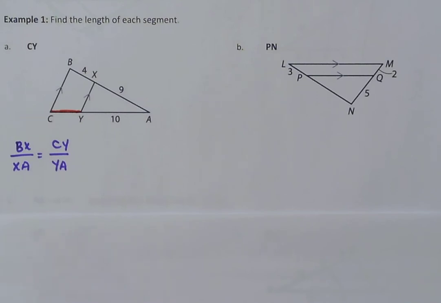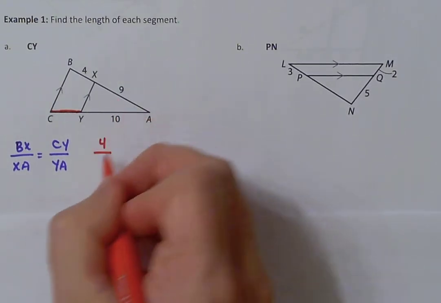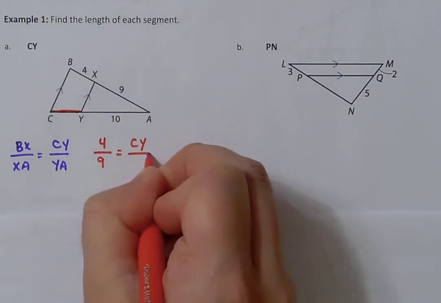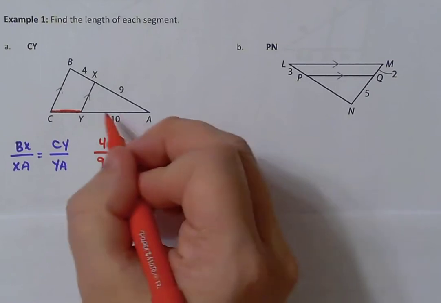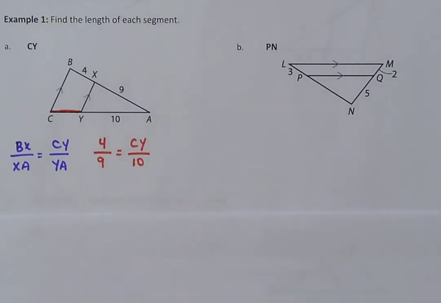So now that I have that proportion set up, we can just plug the values in and then solve. So BX is 4, XA is 9. We need to figure out what CY is, and then we know that YA is 10. So we have 4 over 9 equals CY over 10.